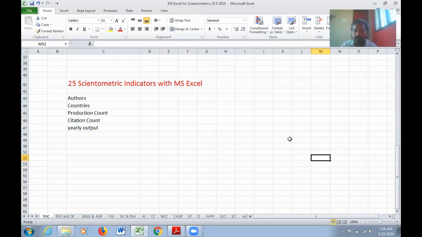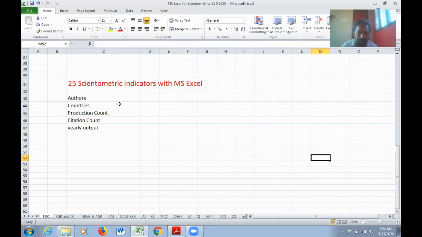These indicators, around 25 of them, revolve around several areas. They talk about authors, their contribution locally and internationally, at different levels. They talk about countries, how countries collaborate with each other, and their relative world output, how they are performing in a particular field compared with the world output in the same field.